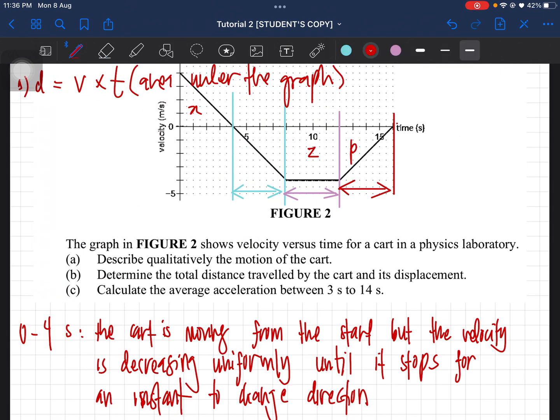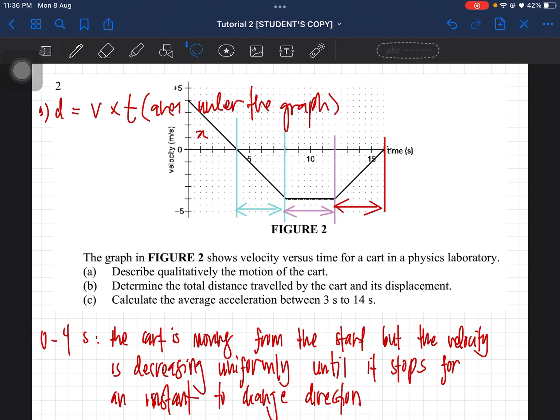Let me just redo this. If we look at this, it is actually a trapezium, if I'm not mistaken. Let me just double check. Yes, so let's calculate the distance.